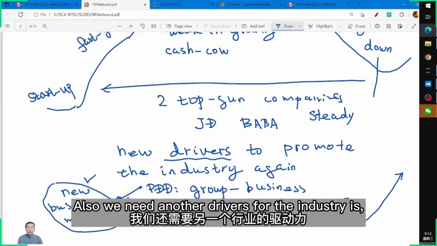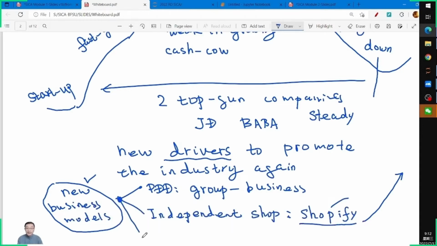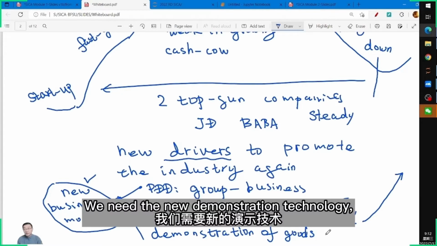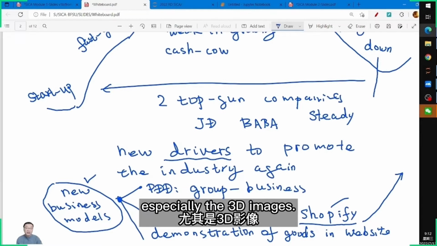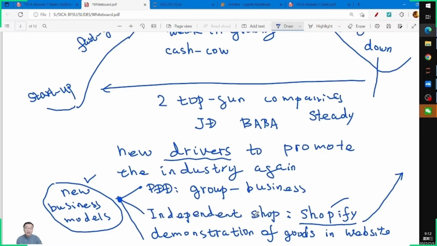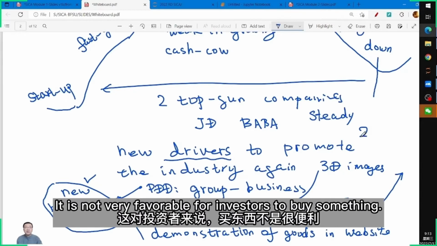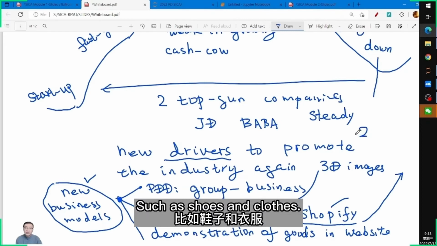Another driver for the industry, I think, is the demonstration of goods on websites. We need a new demonstration technology, especially 3D images. Now, the pictures of goods on websites are all two-dimensional images. It is not very favorable for buyers of things such as shoes and clothes.